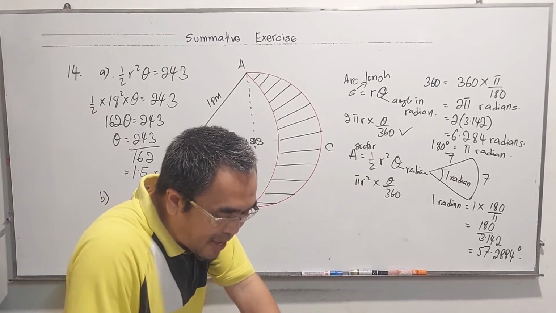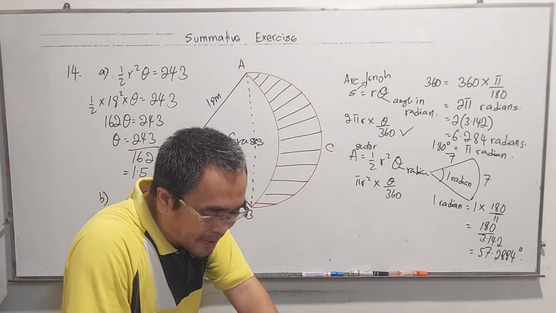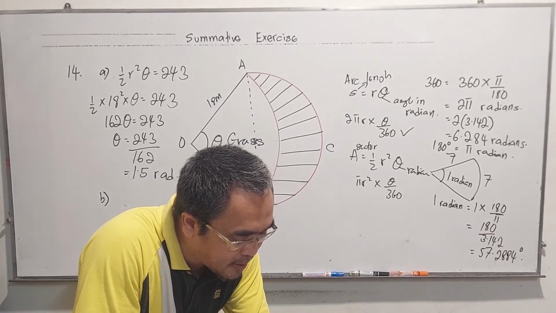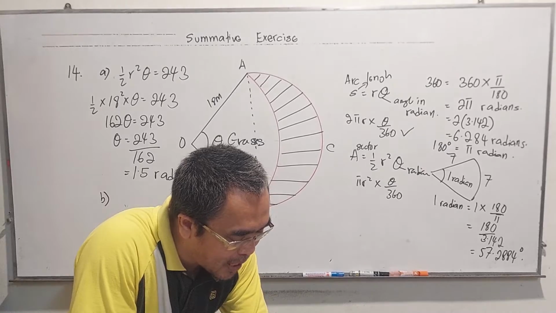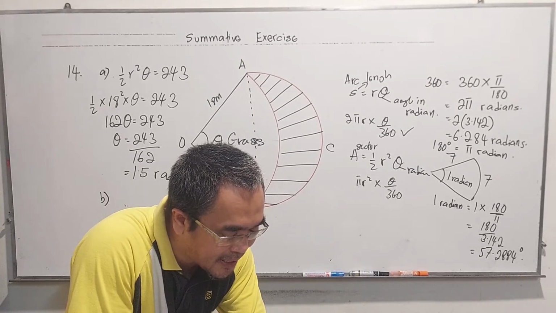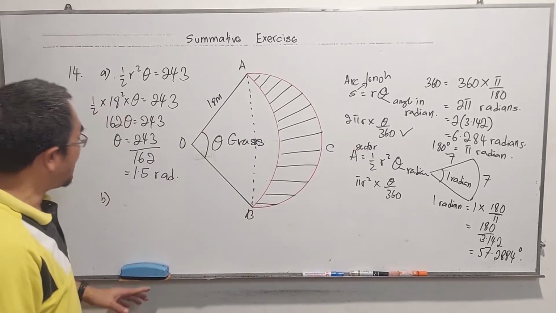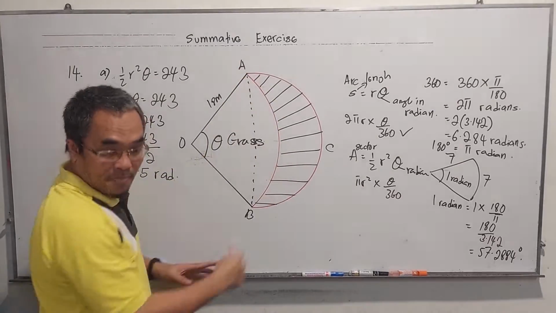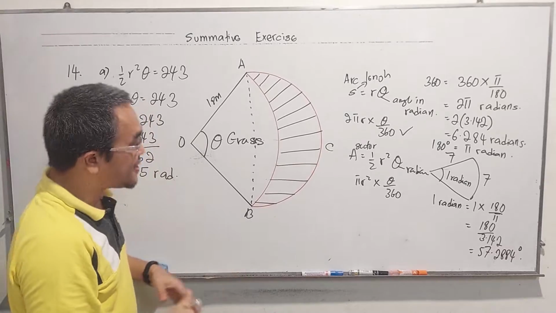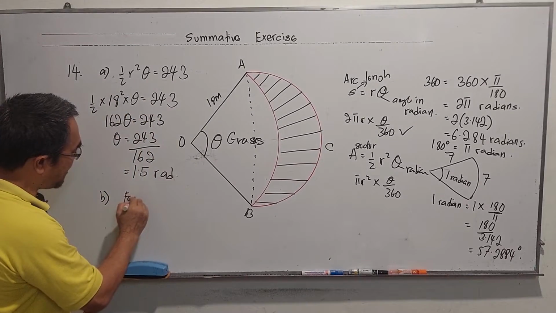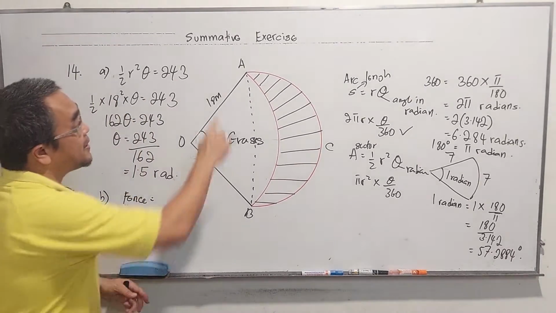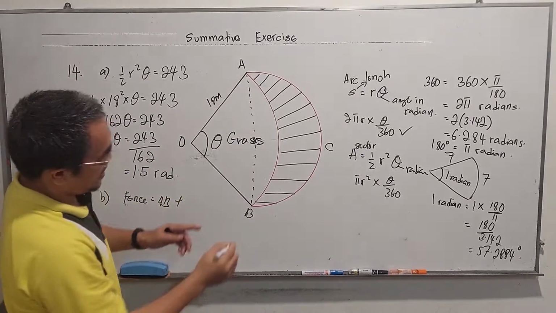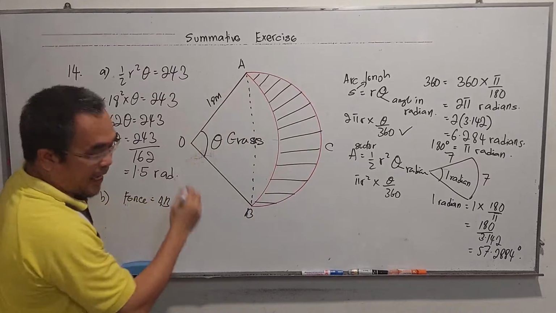And then B, the length of the fence needed to enclose the creepers. Where are the creepers planted? Let me reread. Creepers are planted in the shaded region ACB. So the fence will be the perimeter, that is AB plus BCA.